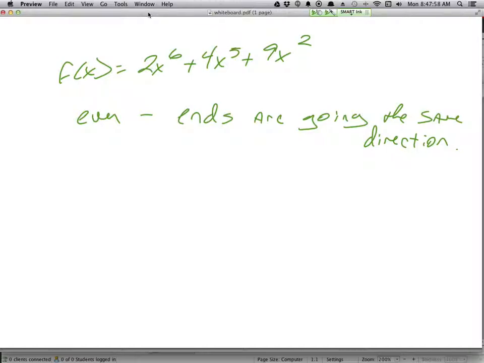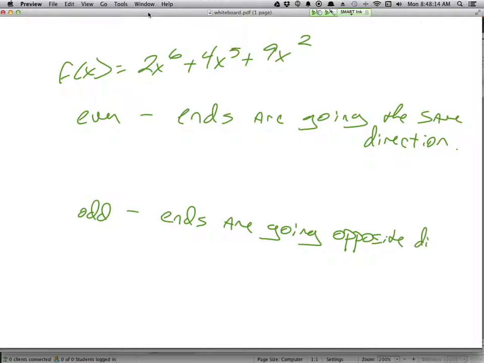They're either both going up or they're both going down. If it is odd, that means the ends are going opposite directions. Okay, so that's the first thing. So back on the even, this is an even.